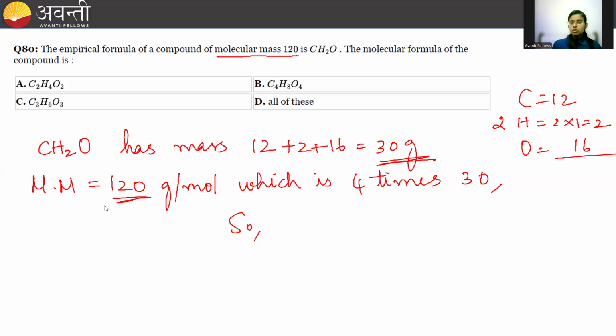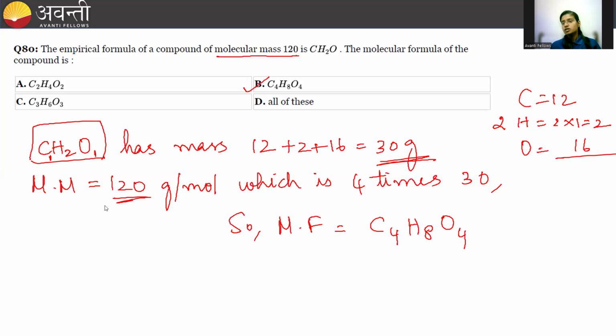So what we have to do? We have to multiply this empirical formula by 4. Means the molecular formula is equal to C4H8O4. Okay, multiply each atom by 4. So 1 carbon is there, so 1 into 4, 2 hydrogen, 2 into 4, and 1 oxygen, 1 into 4. Okay. So C4H8O4 is the molecular formula for the given question. Option B is the answer for this question.